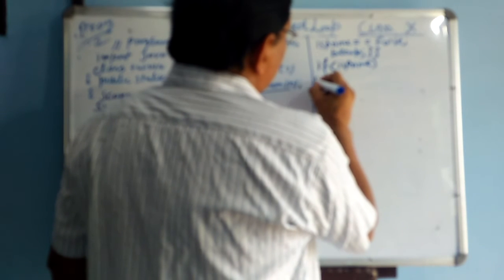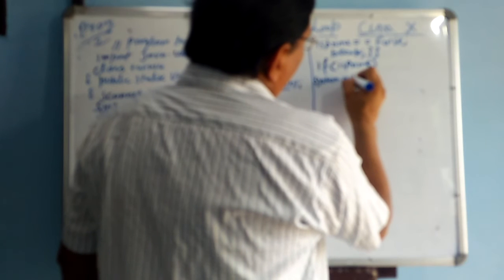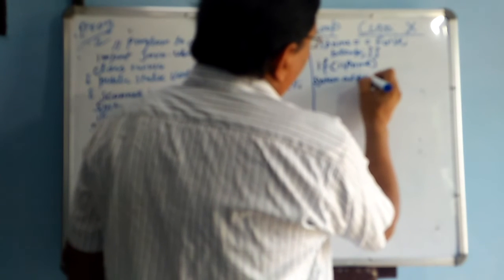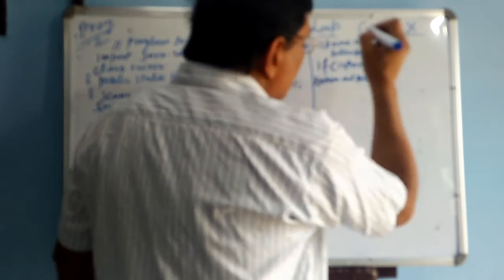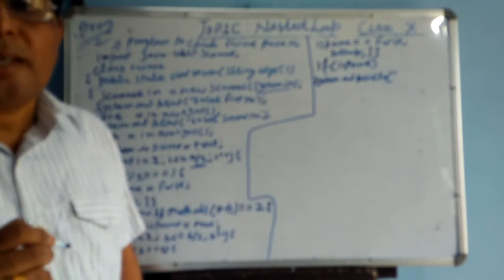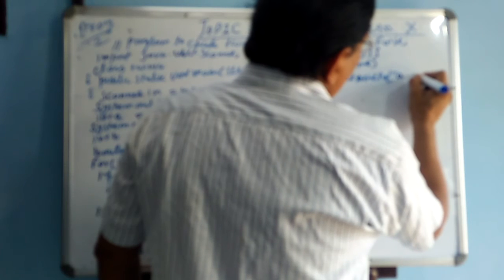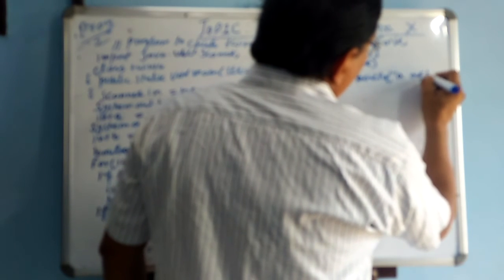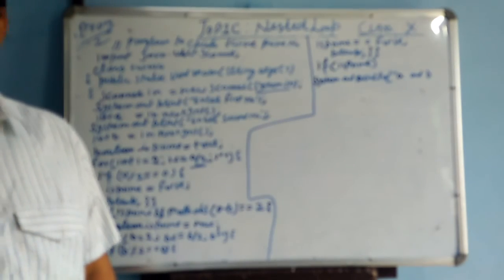So then system dot out dot println, what it will print? A and B.